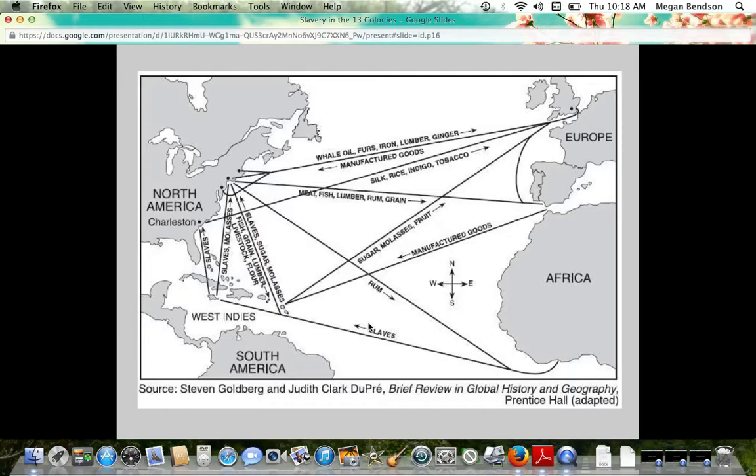From North America was generally things like whale oil, lumber, rum, etc. Going to Africa were more grains, lumber, rum. Those items were traded for slaves. Those slaves were then sent either directly to North America or more often to the Caribbean. So the Caribbean really was the main destination for most slaves.